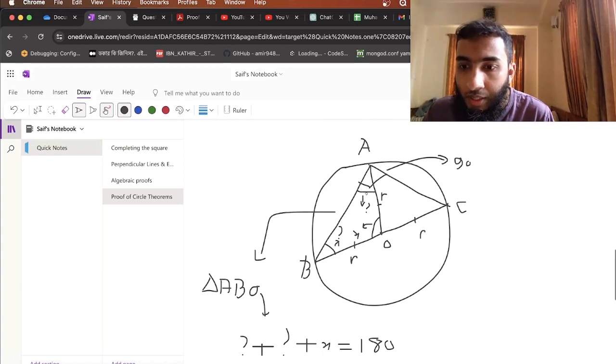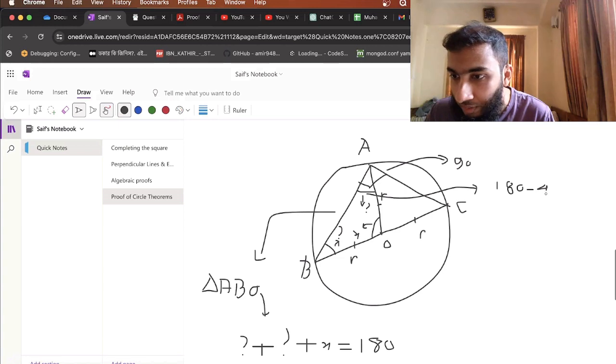So the value of this angle, if we assume that this angle is X, would be 180 minus x by 2.